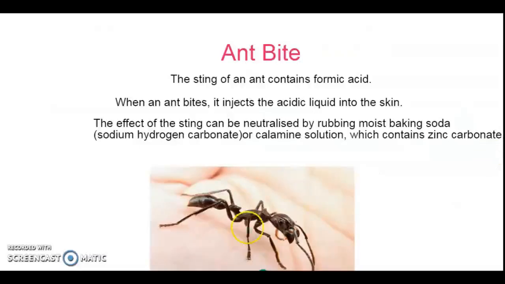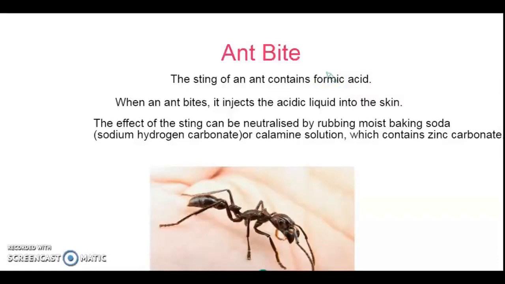The next is when an ant bites. You have seen what happens when an ant bites? You feel itching and that part swells up. That's because in the ant sting there is something known as formic acid. From the word itself, it suggests it's an acidic substance. So to neutralize an acid, what will you do?